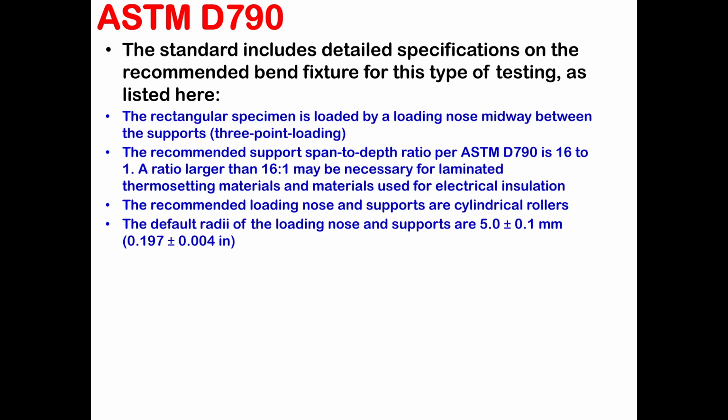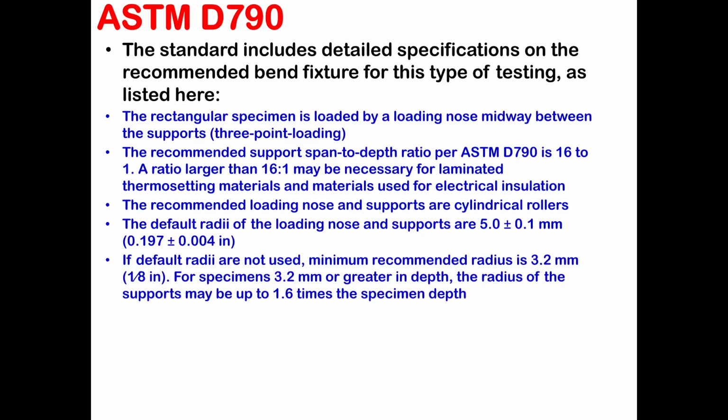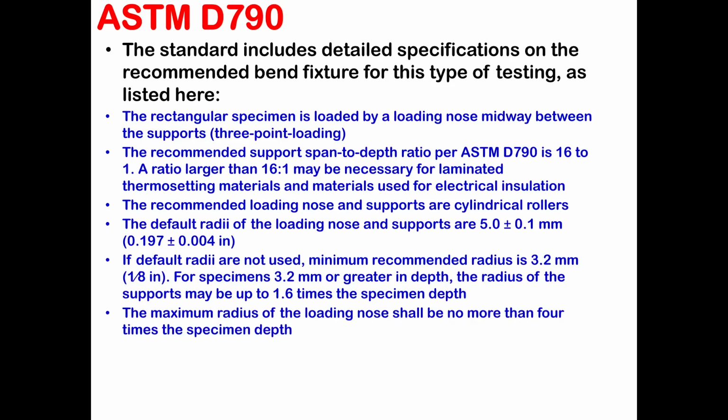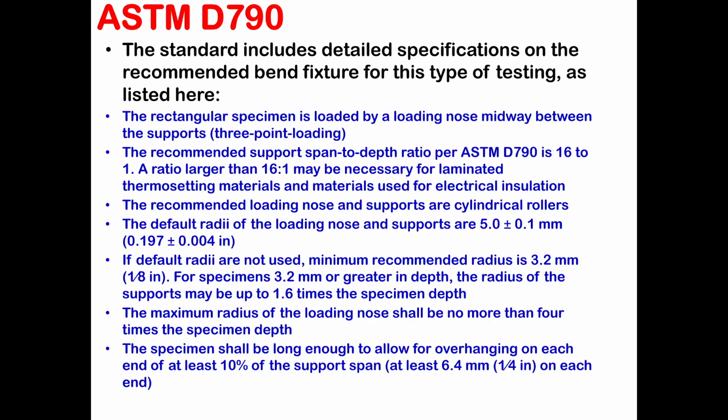As you can see, they go into a lot of detail. They discuss what should happen if you don't use the defined radius, and they talk about the maximum radius of the loading nose. So these are very, very detailed things.